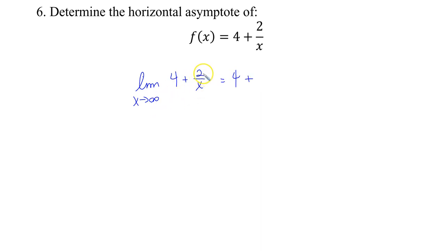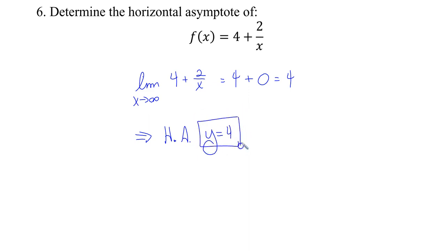Here the degree in the numerator is 0, degree in the denominator is 1, and so that limit is 0, and so this limit is actually 4, and this leads us to the fact that our horizontal asymptote is the equation y is equal to 4.